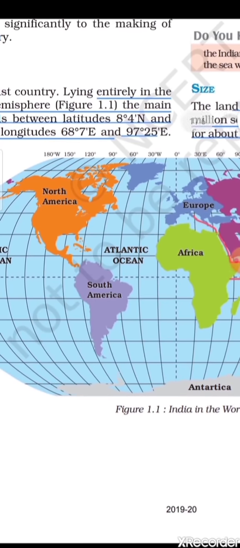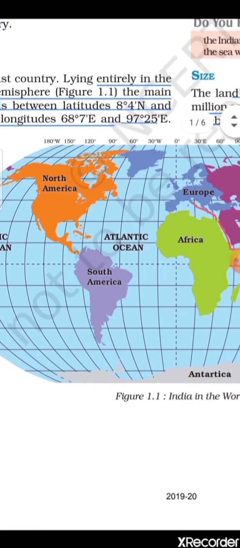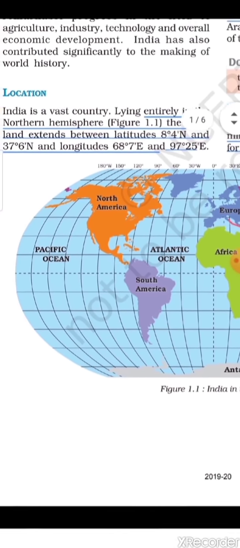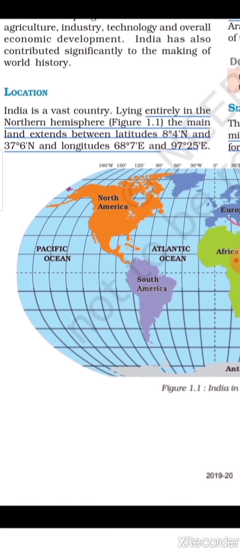We will see the latitudinal and longitudinal extent of the country. The latitudinal extent of the country is 8 degree 4 minute north and 37 degree 6 minute north, and the longitudinal extent of the country is 68 degree 7 minute east and 97 degree 25 minute east.